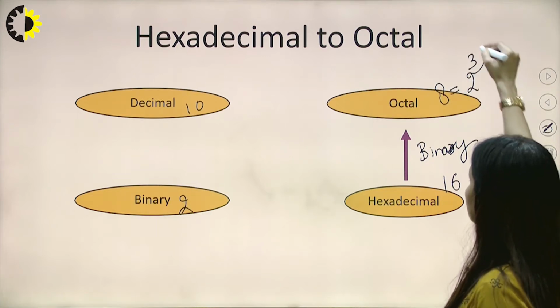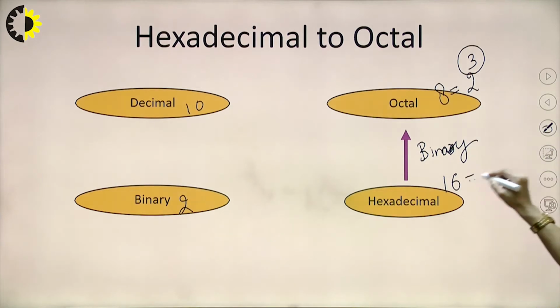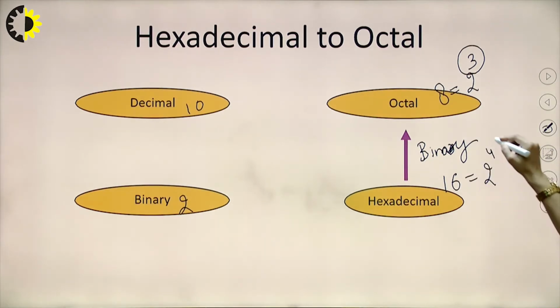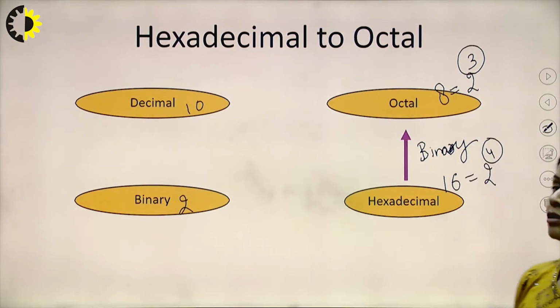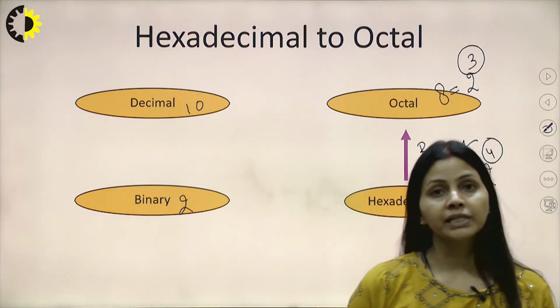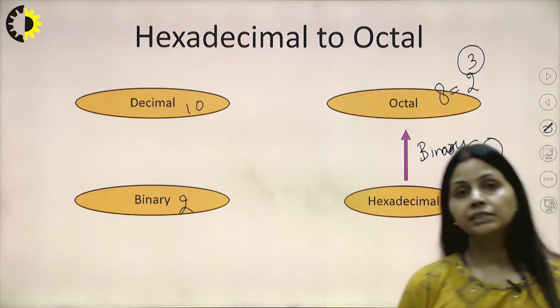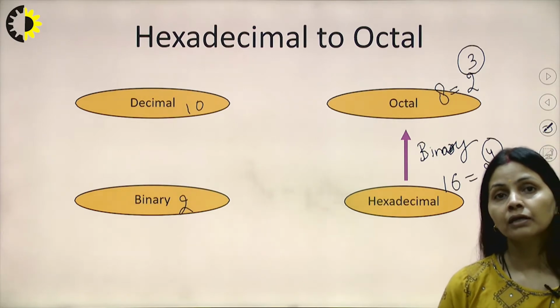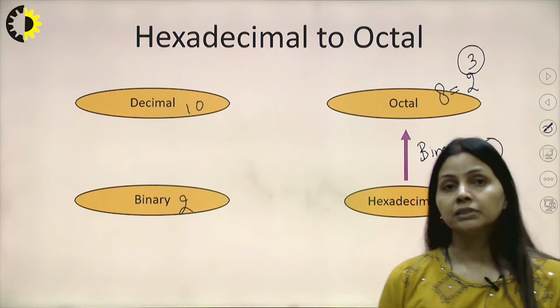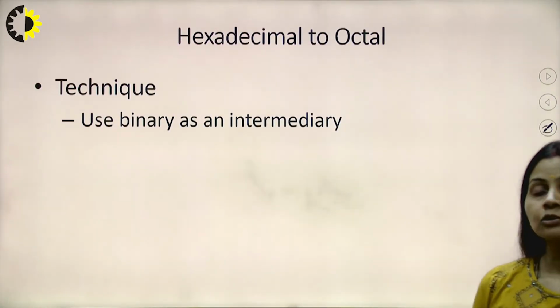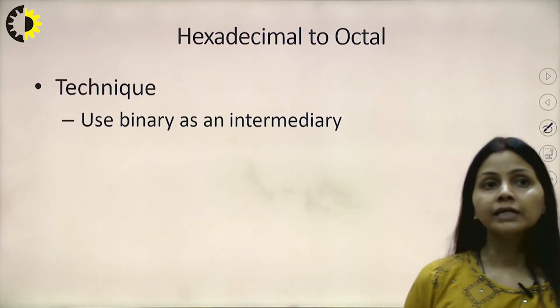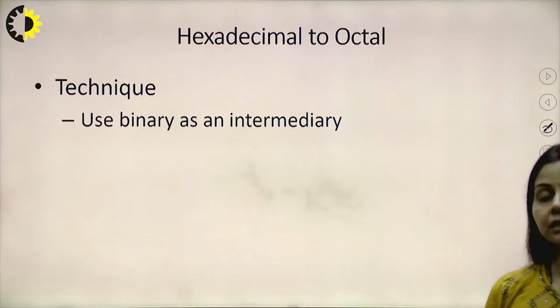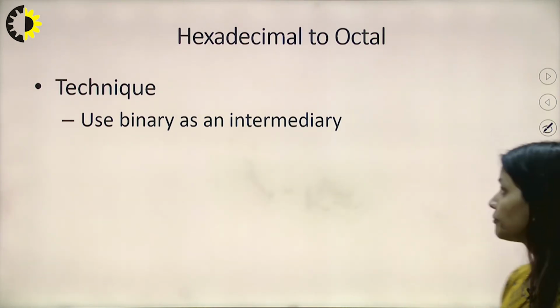So we need 3 bits here, and each hex digit comes in 4 bits. So from 4 bits we represent the given hexadecimal code in its bit form, and then we group in 3 bits. The first step is clear: we are using binary as an intermediary.